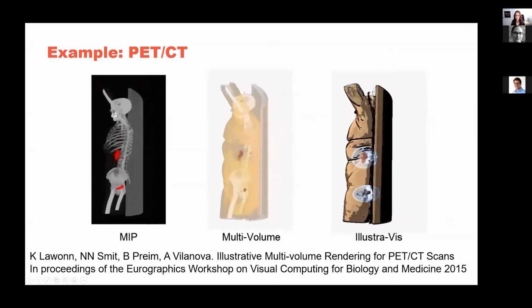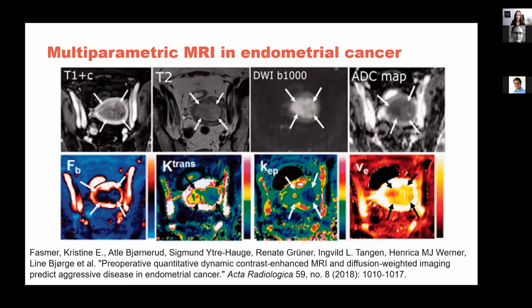All right, I have another example to show you, which is related to multi-parametric imaging in endometrial cancer. Our collaborators here in Bergen at the MMIV are working on gynecological cancer imaging. What they're often doing is they have these standard MRI acquisitions like T1 and T2, but they're also calculating some other features out of this data, so-called parametric maps, which give you some information about the tissue properties.